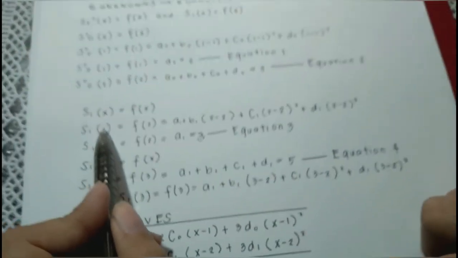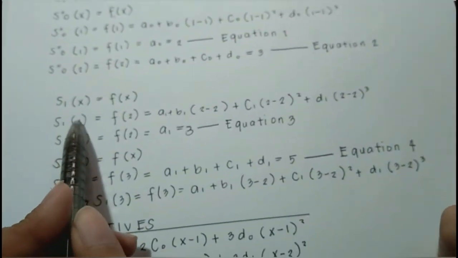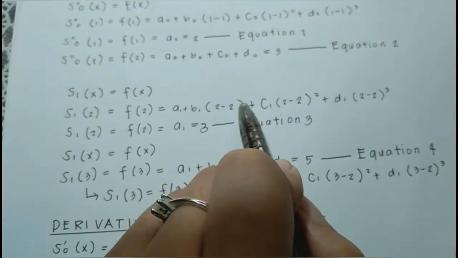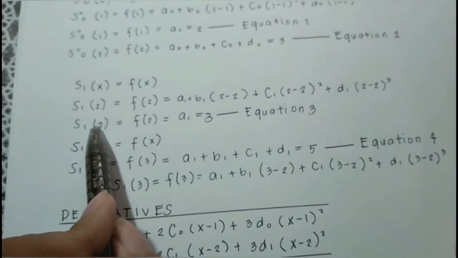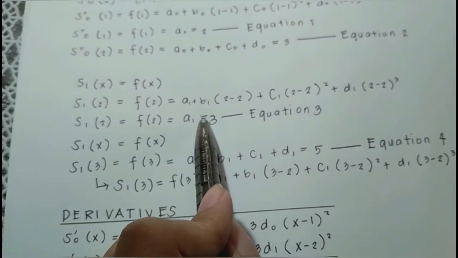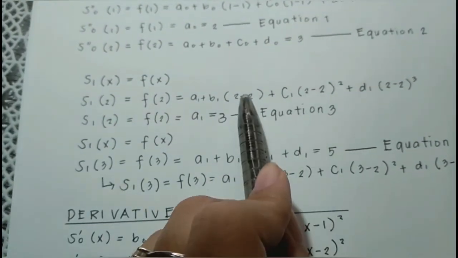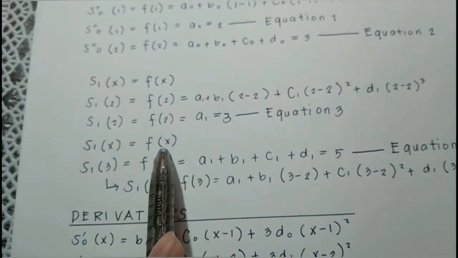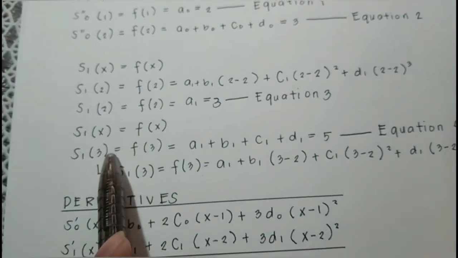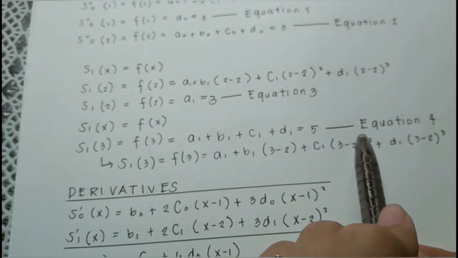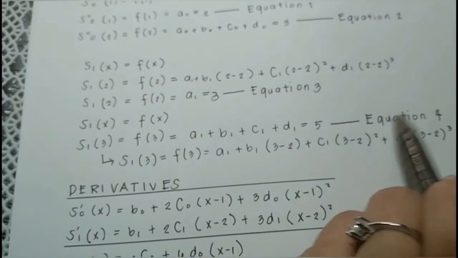So substitute x is equal to 2 to the s sub 1 equation. And then we get 3. So this is our equation 3. After substituting the 2, let's substitute the 3 because its interval is 2 to 3. So x is equal to 3. We substitute it to the same equation. Then we get the equation 4.